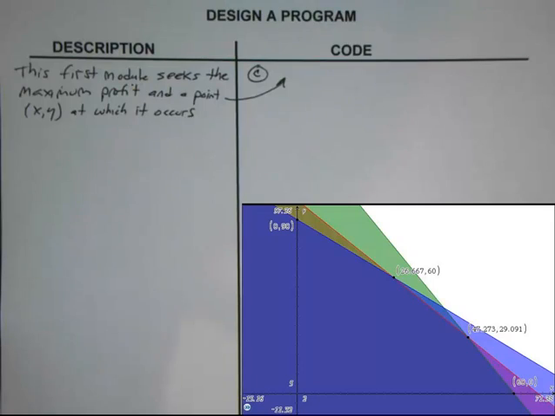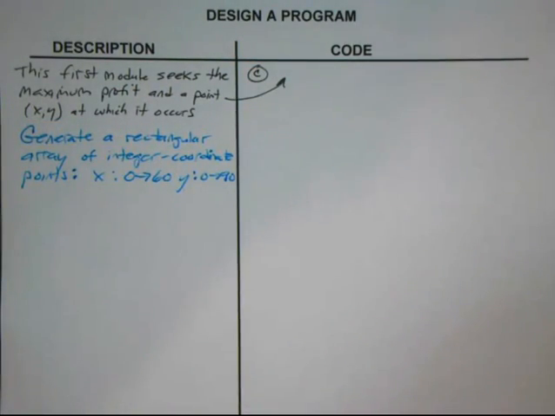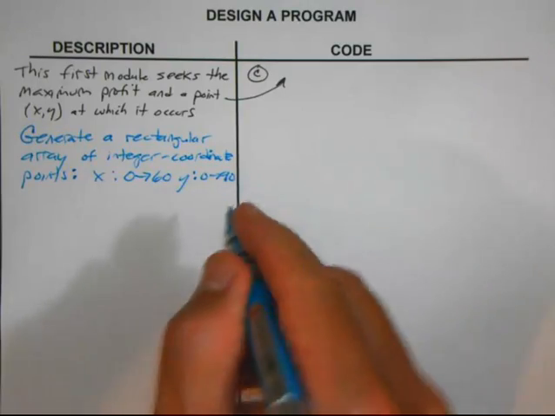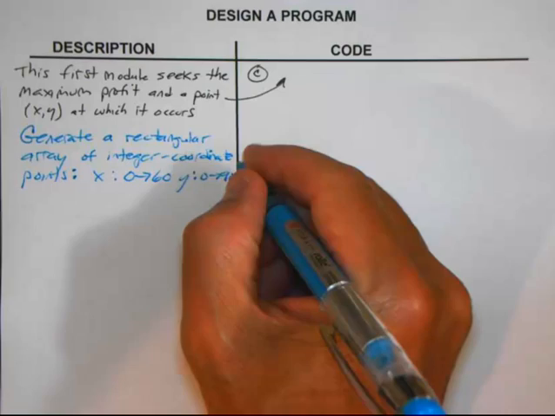So that could be a starting point. Let's write that down. Generate a rectangular array of integer coordinate points, x going from 0 to 60, y 0 to 90. What kind of source code will do this?